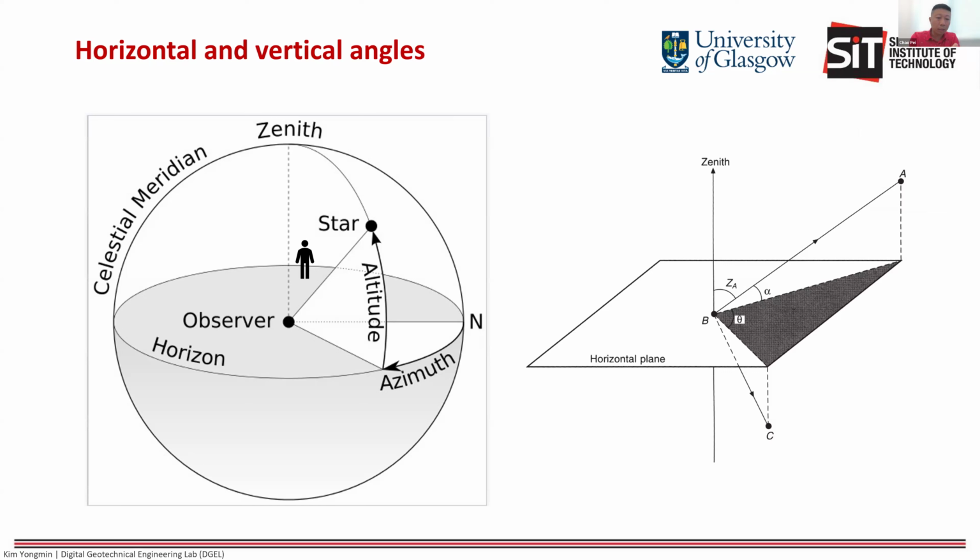And the point that is directly on top of the observer is called zenith. The right-hand side drawing is telling you how we get the coordinates and level from one point to the other. This is the basic concept and principle which later on you will use in doing traversing and setting out.